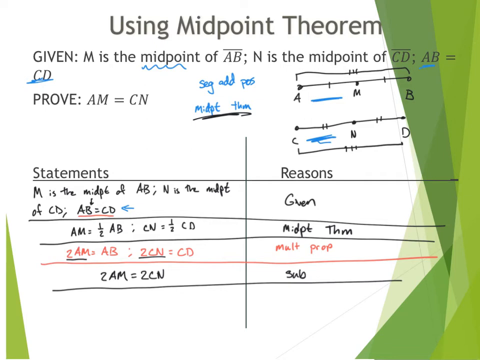But now in my proof, I just need a normal AM and a normal CN. So then my next step is going to be to divide the two away, and then I'm left with AM is equal to CN because of the division property. All right. Our last line matches the proof, so we are done.